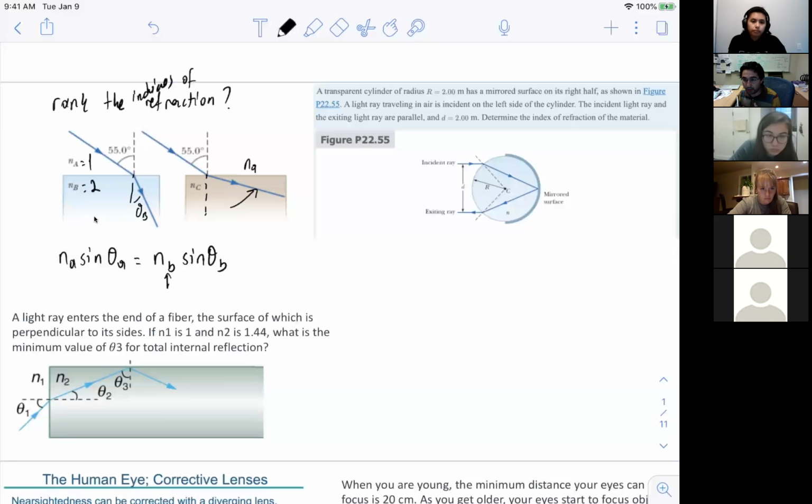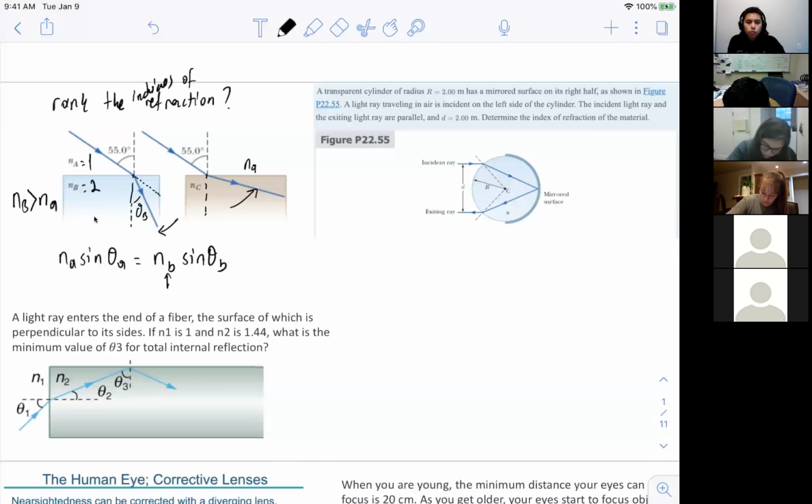So when you are entering a denser medium, which means a larger refractive index, the angle is going to be smaller. When you compare with the incident light, the refracted light is going to be closer to the normal, which is this line normal to the surface. That means NB is larger than NA. When you look at the second figure, the ray gets further away from the normal.